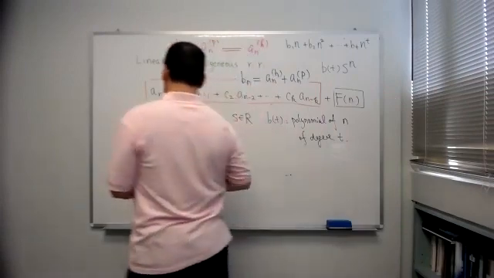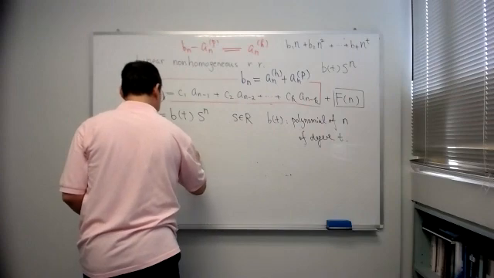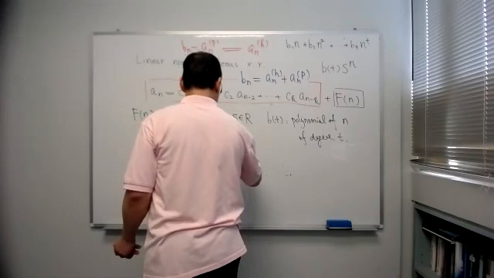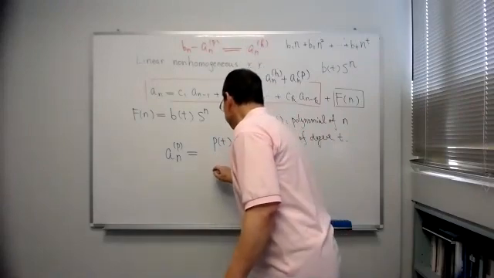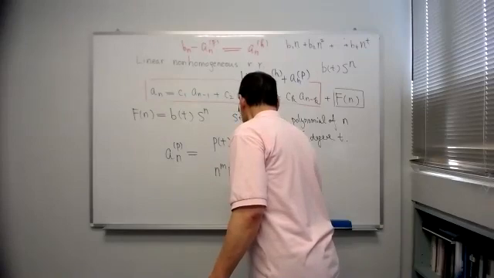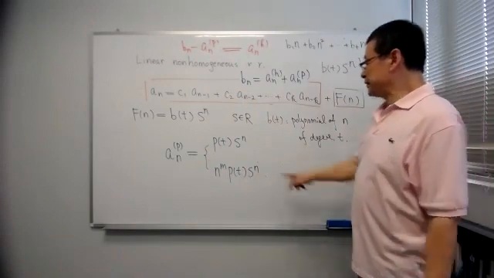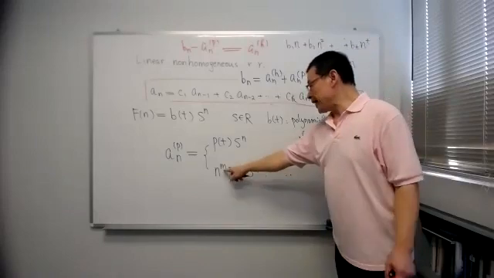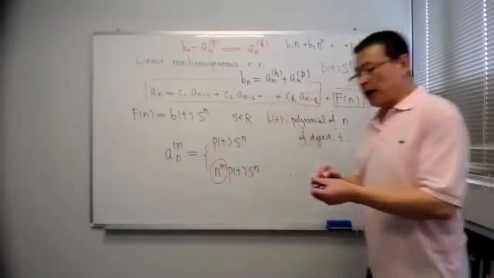So what we have is two situations. One is when this S is the root of the characteristic equation, then we'll need to multiply it by n to the power of m.